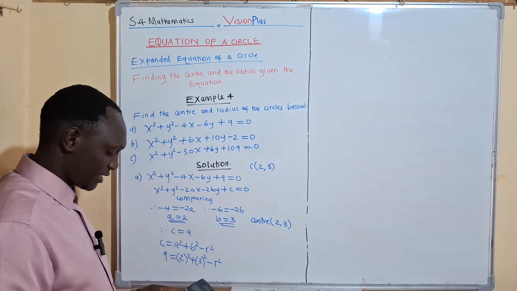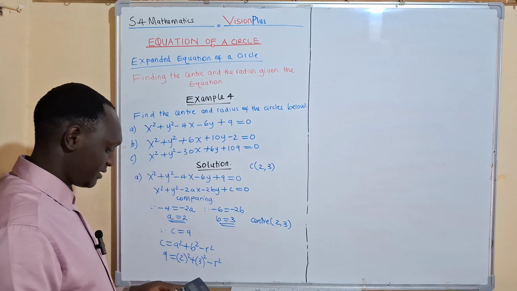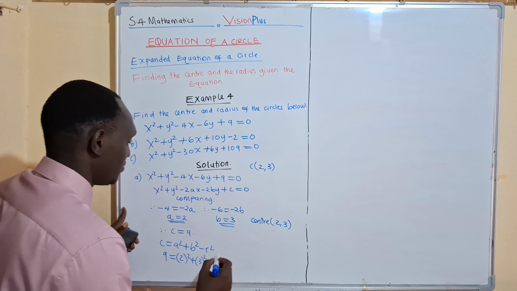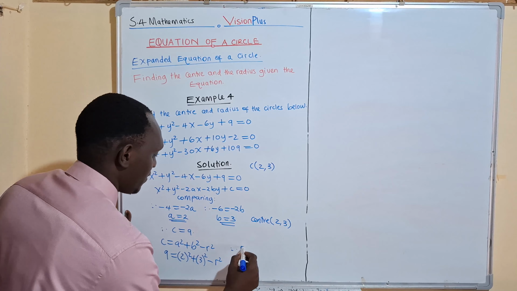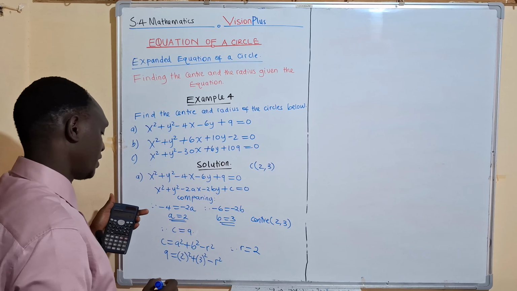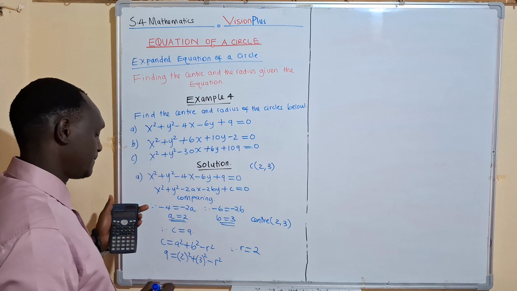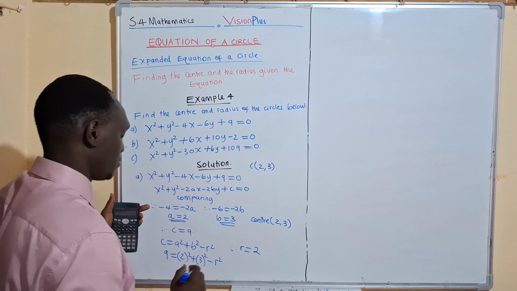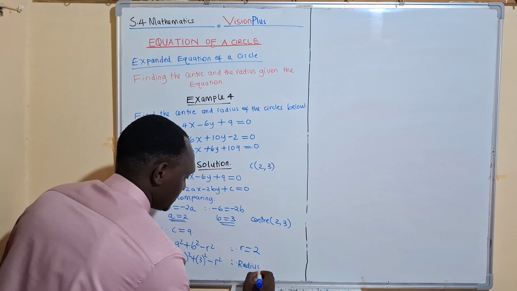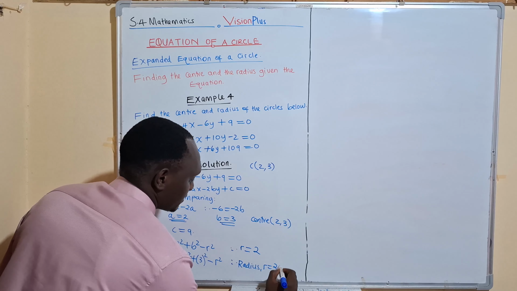So we put in the calculator 2 squared plus 3 squared minus 9. So therefore our r, I'm getting 2. R is 2. Therefore the radius r in this case is 2 units.